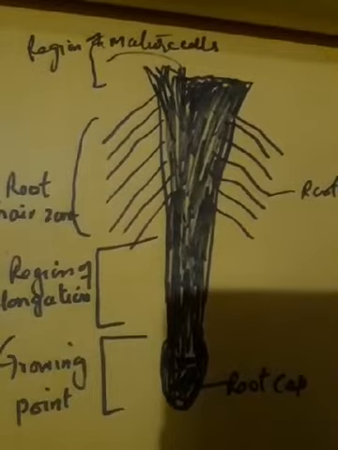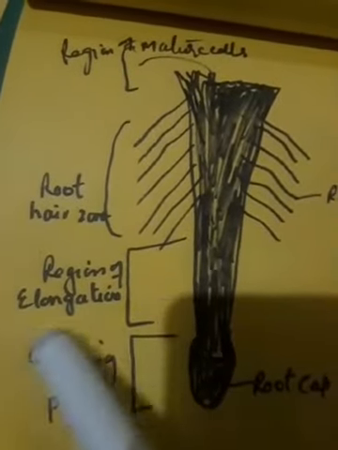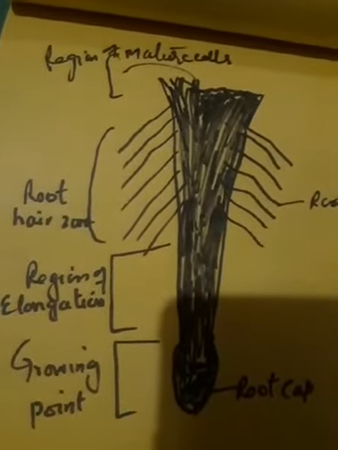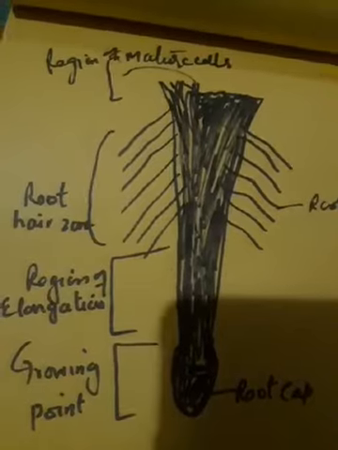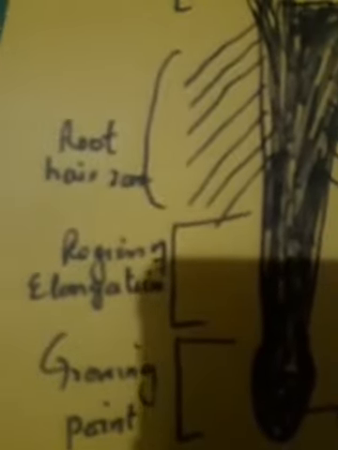They elongate rapidly and increase the length of the root. The external cells have the power to absorb water and minerals from the soil.